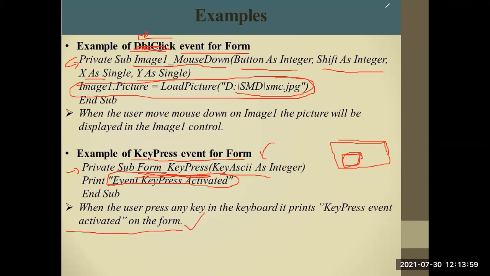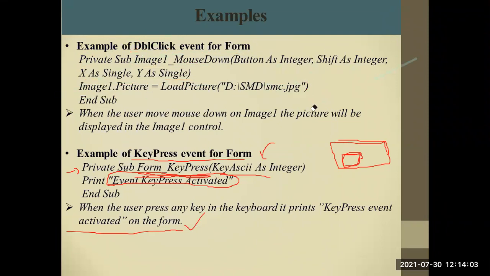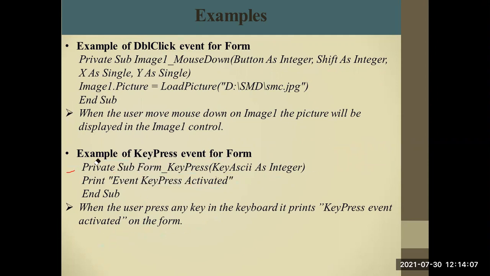Like this, we have a number of events. These events are user specific. As per the user requirement, we can write a procedure, and each of these procedures will behave as an event. If this event happens, you have to specify what action should be performed.